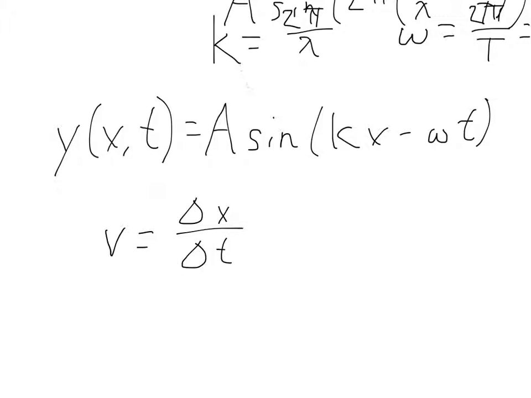The delta x, the distance you go through in a complete period, is the wavelength. That's how the wavelength is defined. And the time it takes to go through one complete period is straight up the period. Or if you prefer, we could put this in terms of wavelength and frequency.